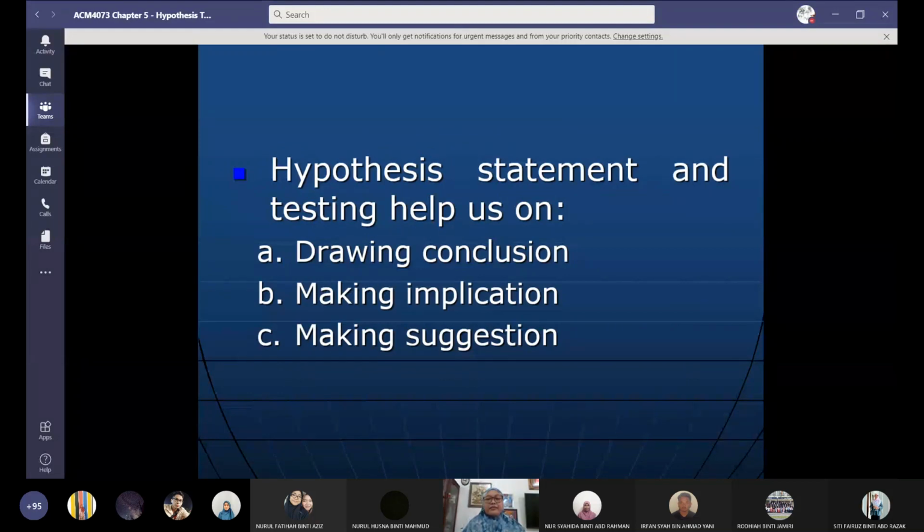A hypothesis statement will help you first to draw a conclusion. You can conclude whether there is difference or there is correlation. And then you can make implication.